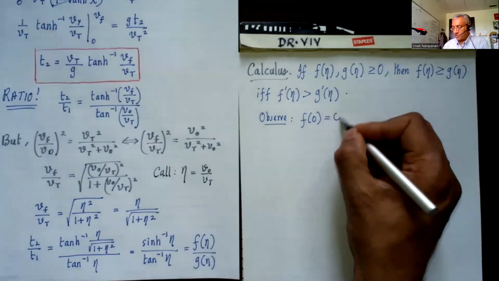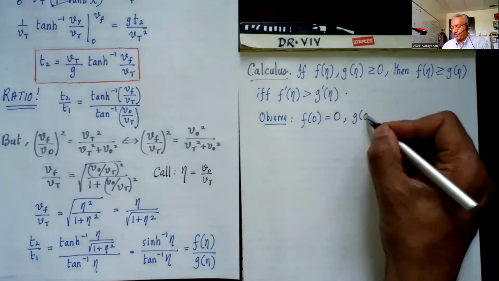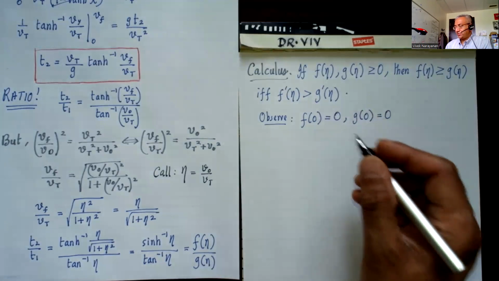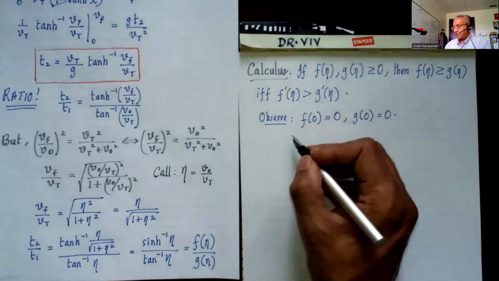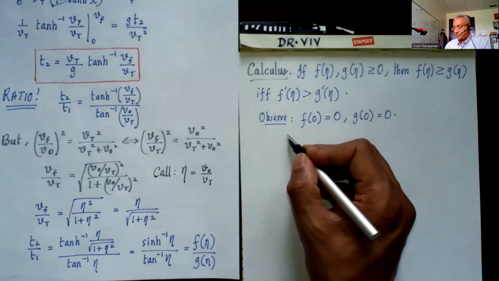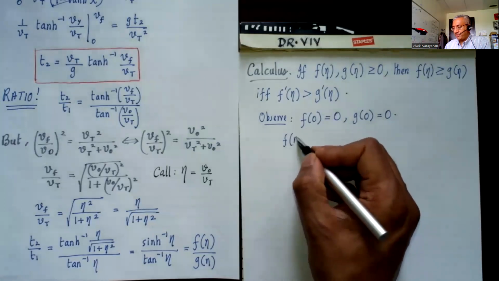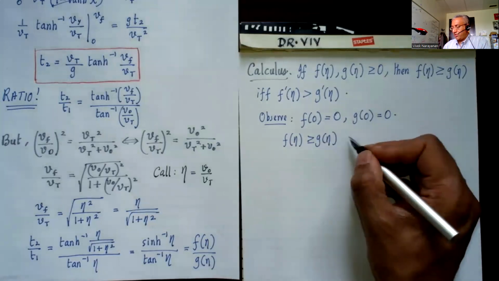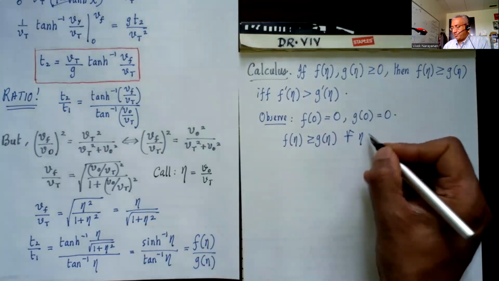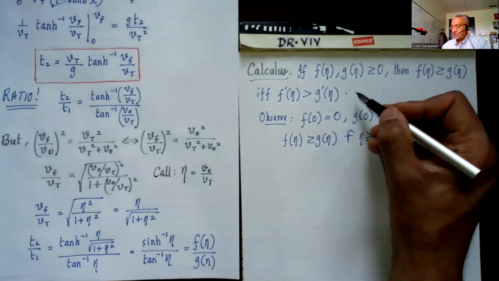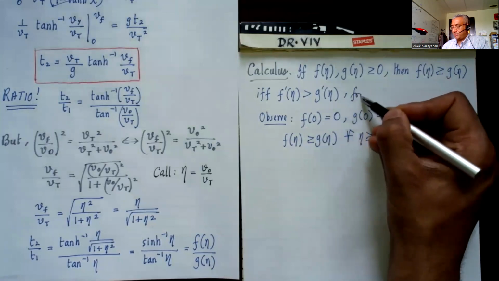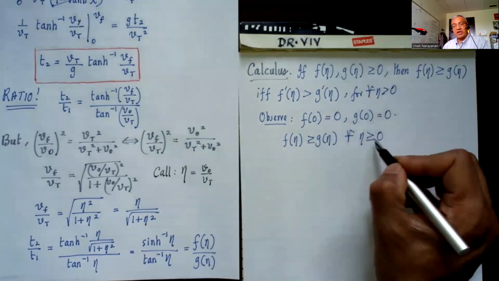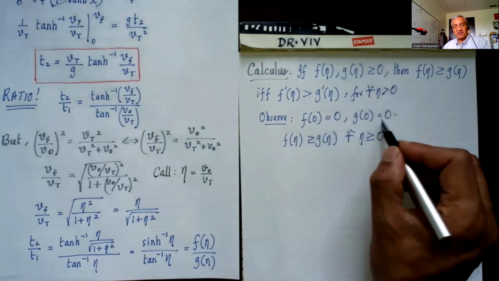So f of 0 is 0, and g of 0 is 0, because tan inverse of 0 also is 0. So this allows us to conclude something slightly stronger. We're going to end up showing that f of eta is bigger than or equal to g of eta for all eta bigger than or equal to 0. Here I have for all eta bigger than 0. So the bigger than or equal to sign comes by fixing the ground level.